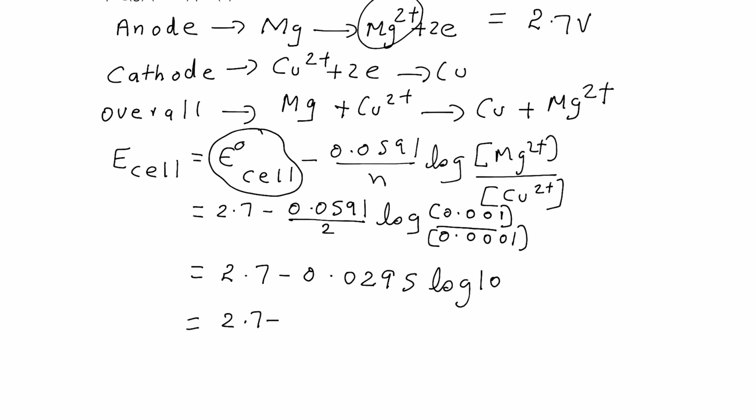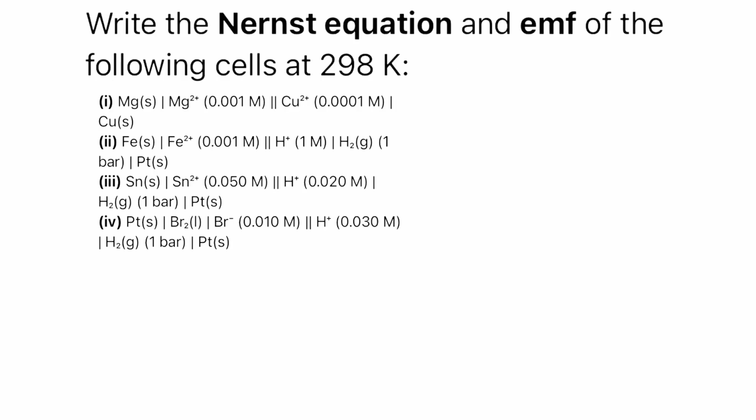So 2.7 minus 0.0295 into 1. On subtracting, you will get the final answer, 2.6705 volt. 2 decimals is enough, so 2.67 volt. Hope all of you understand. Easy, right? Very easy. Moving to the second question.